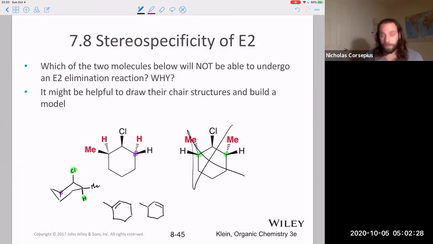More highly substituted, right? So this is my major product, right? So that's why this is such an important consideration that you have to make, is the relative position, axial of your halogen, but also the hydrogen on the neighboring beta carbon.